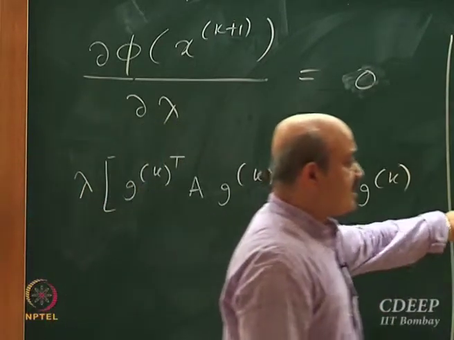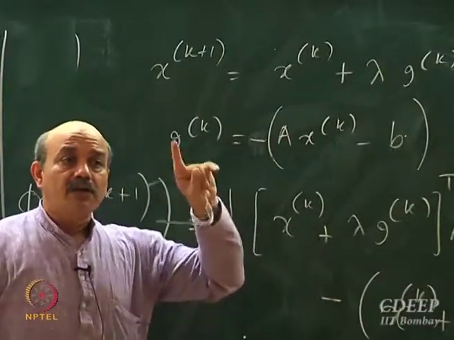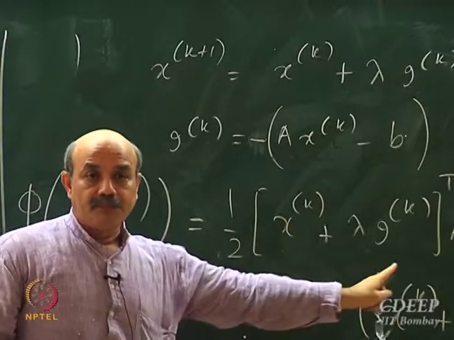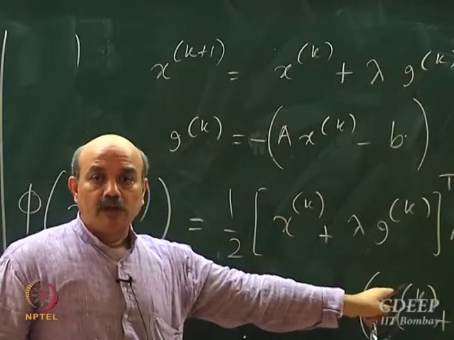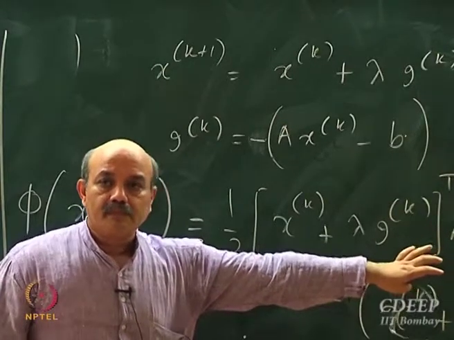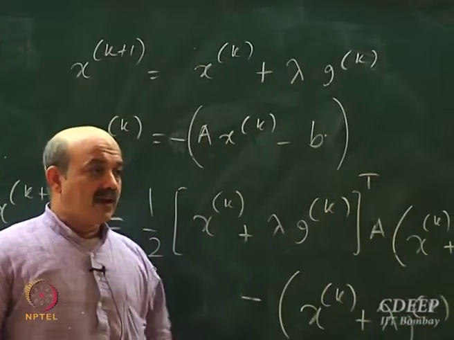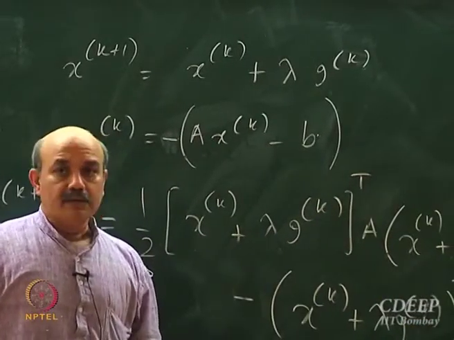If you expand this, you will get only one variable polynomial: lambda square, lambda and constant. You will get only one variable polynomial because lambda is a scalar, g is a known vector, x is a known vector.